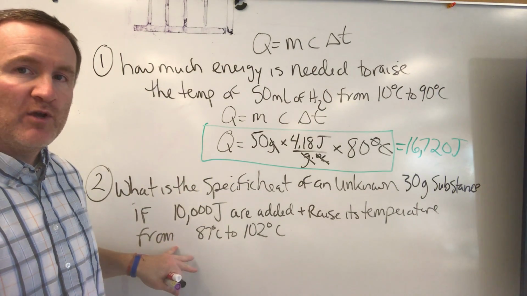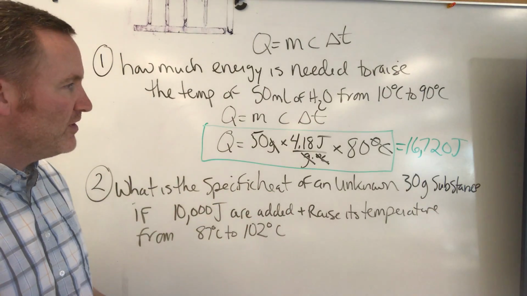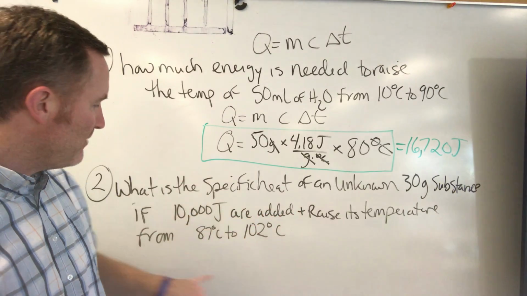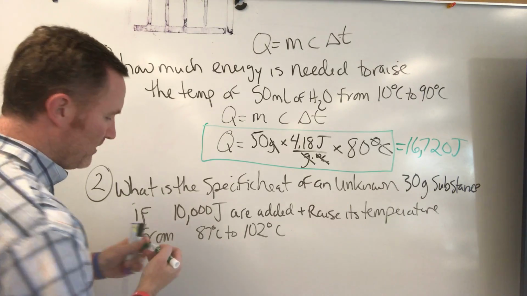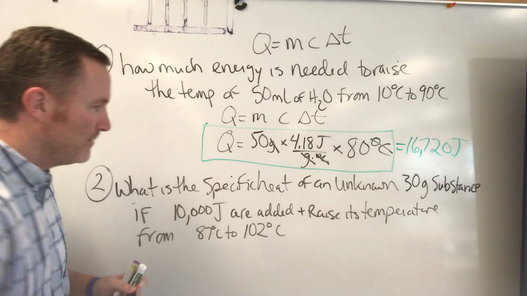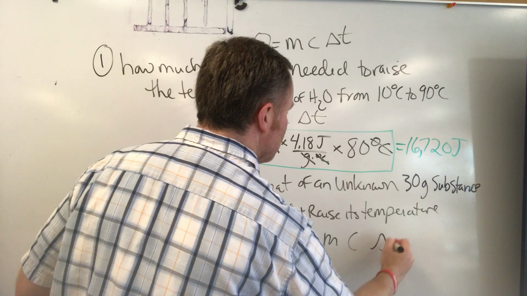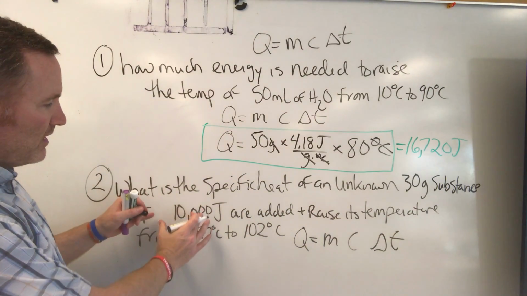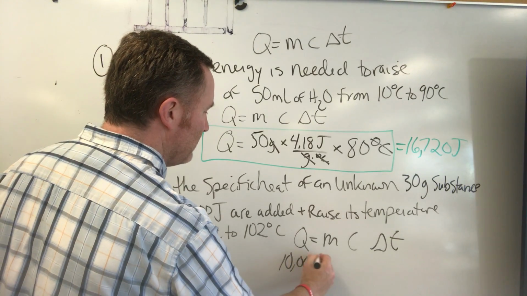This one we're going to use the same equation, but we're going to solve for specific heat. What is the specific heat of an unknown 30-gram substance if 10,000 joules are added and raise its temperature from 87 to 102 degrees? Again, we want to get in the habit of using our equation, Q equals mc delta T. Joules are my energy, so I know 10,000 joules are added.